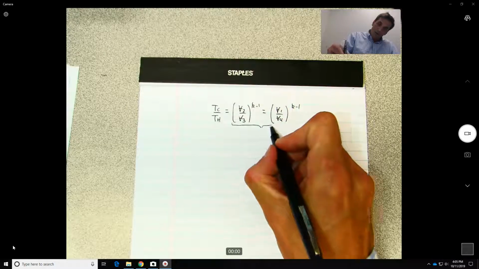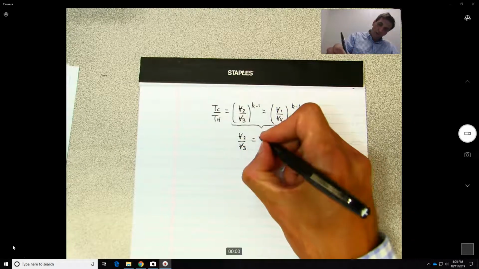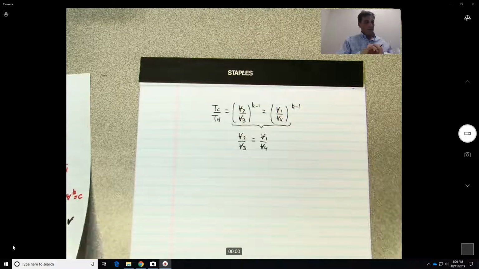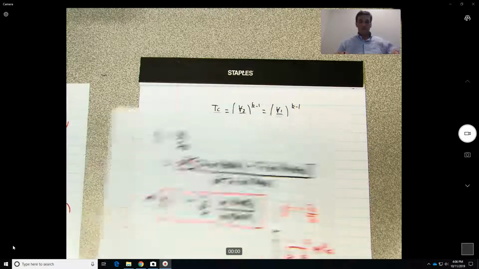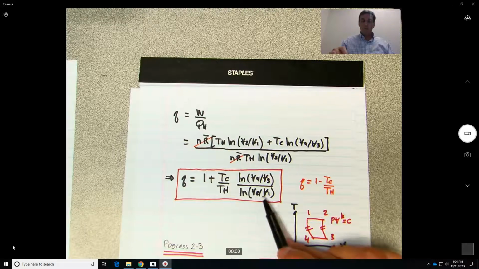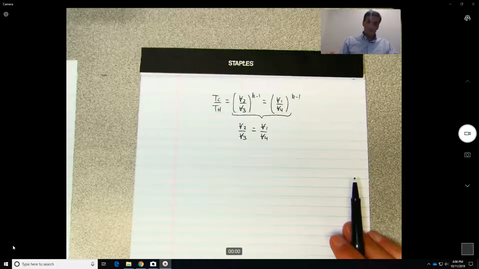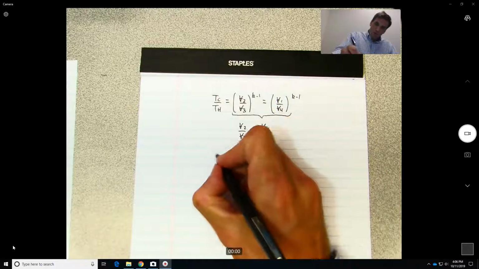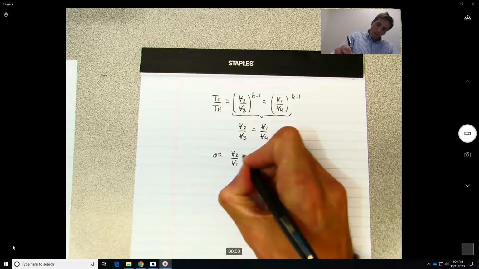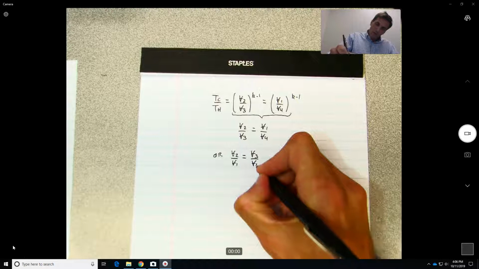So again, if we only look at this side, we can say that V2 over V3 should be equal to V1 over V4. Okay, so now is when we need to go to the initial page of this one. And what are the two ratios we were interested in? V4 over V3 and V2 over V1. So from that one, we can say V2 over V1 is equal to V3 over V4.